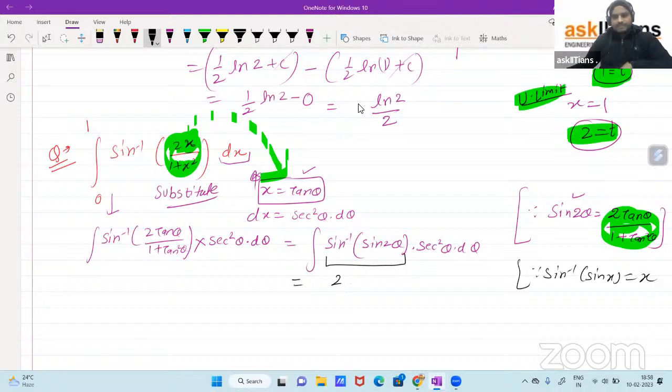So this will basically be 2 theta into sec square theta d theta. And your limits will also change. Now you have to do the integration, we haven't done it till now. We have just substituted.